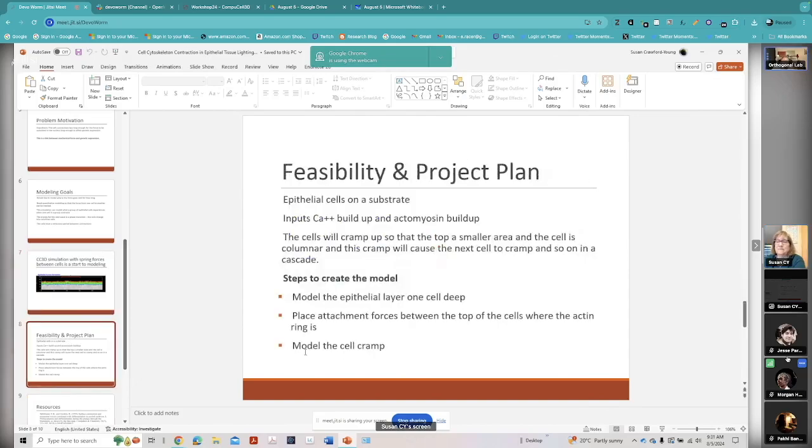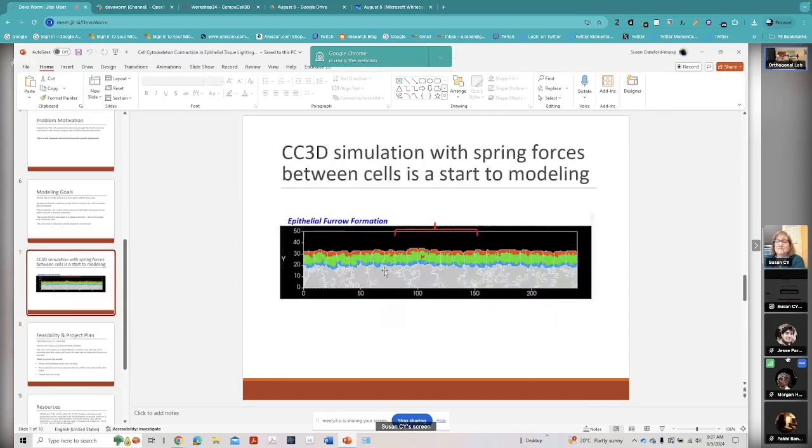So the three compartments there are the apical, the basal, and the middle. The basement membrane is in gray, and the basal part is in blue, where it's attached to the basement membrane. Green is the middle part of the cell, and the red is the apical part of the cell.